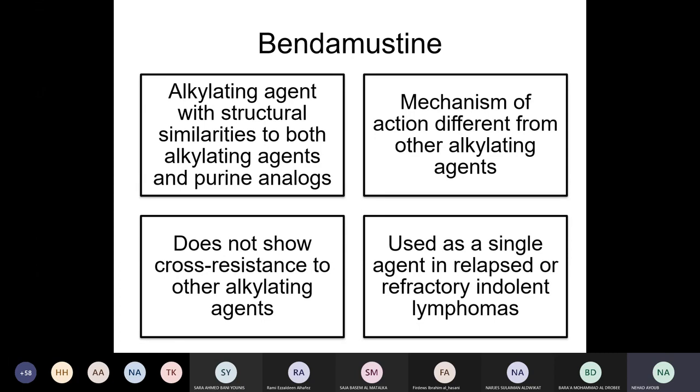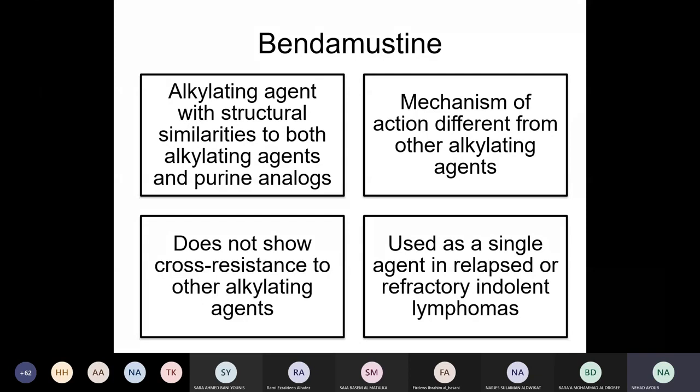It is one of the options to treat advanced follicular lymphoma, especially the refractory cases or the cases that relapse after R-CHOP as a first line. We can give bendamustine, approved as a monotherapy. It can also be given within a regimen. There have been many studies giving bendamustine with rituximab, for example. It is an approved drug to treat advanced follicular lymphoma.